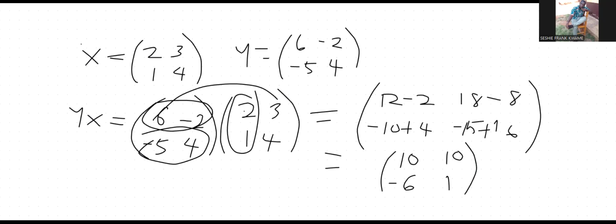The first question is saying matrix A is 3, 0, 0, 4. Matrix B is A, B, 0, C, such that AB is equal to A plus B. So question 1, matrix A is 3, 0, 0, 4.